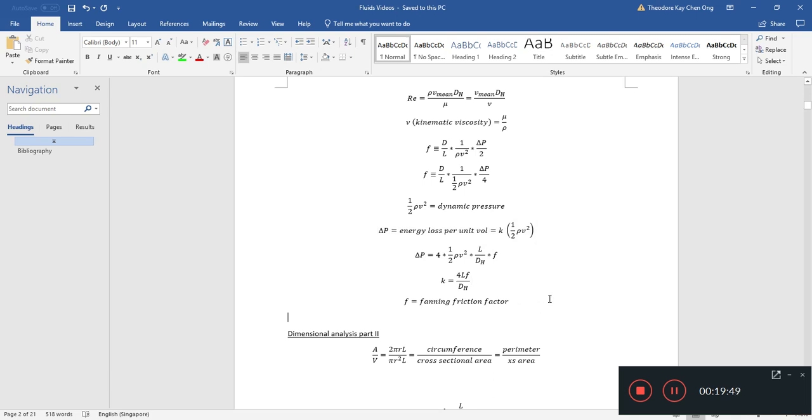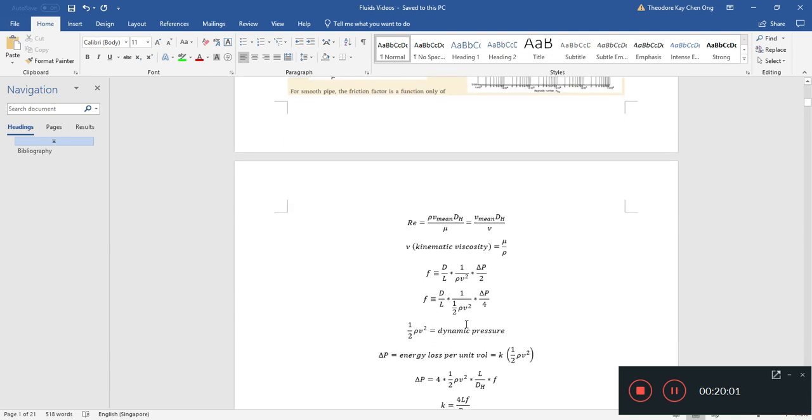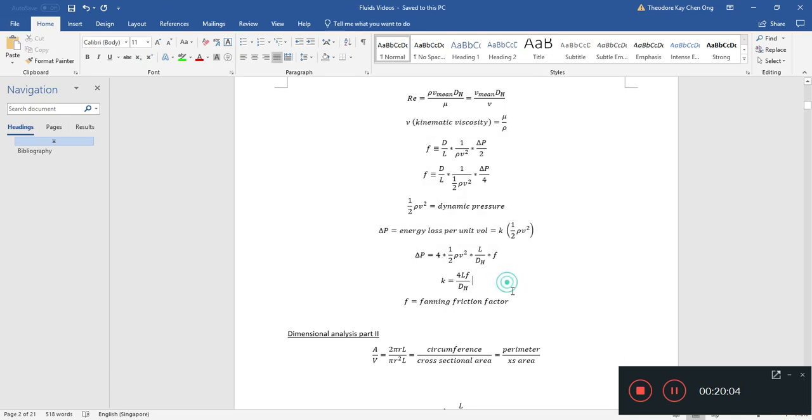So that's experimentally proven as well. So what is this fanning friction factor? This is just another dimensionless quantity that we find important, and it will help us to find our head loss, or our losses due to friction.